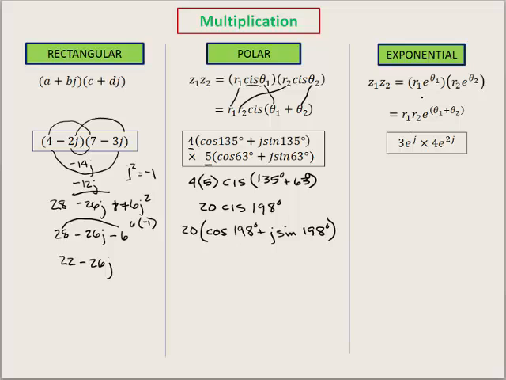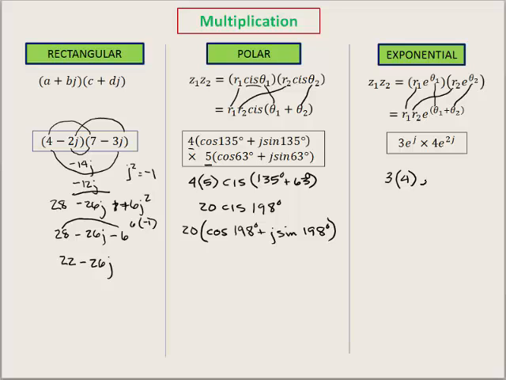Now let's see what happens with exponential. We take the r's and we multiply them together. We have the E designating exponential, and again we take the thetas and we add them together. So here we are with a problem. We'll take 3 times 4.